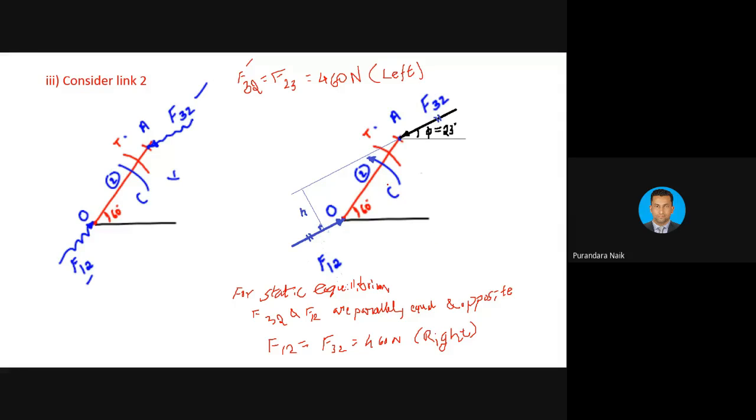Next, the couple formed by F12 and F32 is equal to C. All of you copied this?